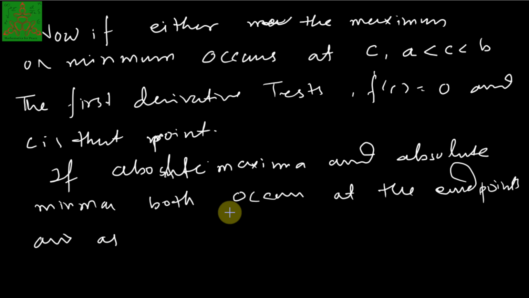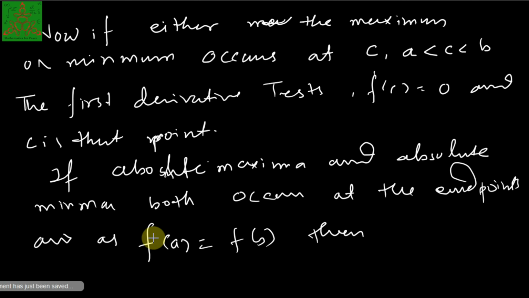If both the maxima and the minima occur at the end points, and as it is given f of a is equal to f of b, then it says that f of a is the maximum and f of b is also the maximum. So the maximum and the minimum values are the same. So that means the function has to be a constant function. So we can say that f must be constant.